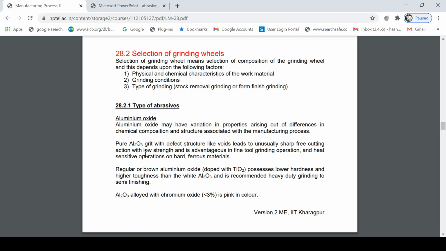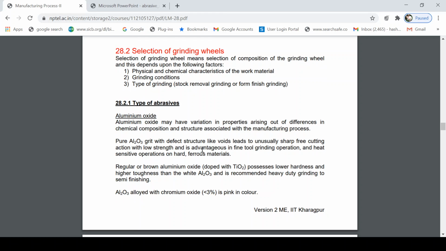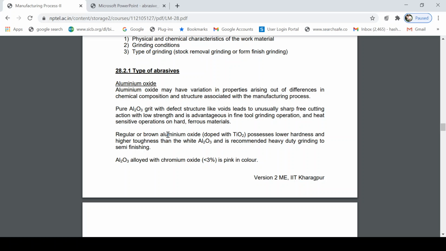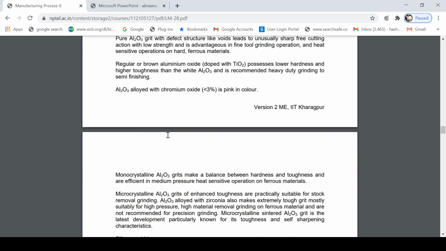So aluminum oxide is used for machining ferrous materials, and similarly, silicon carbide is not used for ferrous materials. Like that, based on the type of workpiece, we have to see what should be the abrasive grit material of the grinding wheel.